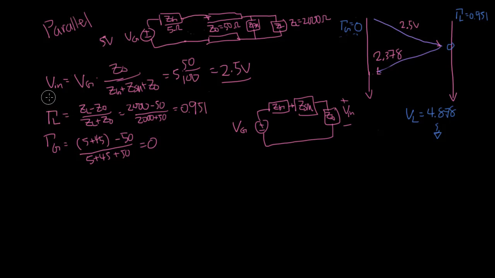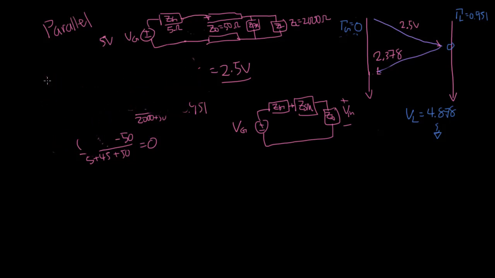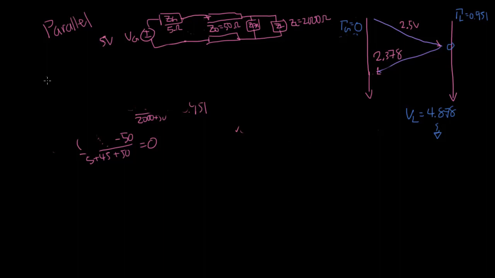So for starters, what do we want that value to be? That's going to take a little bit more finagling compared to series matching, so let's just actually calculate that out.